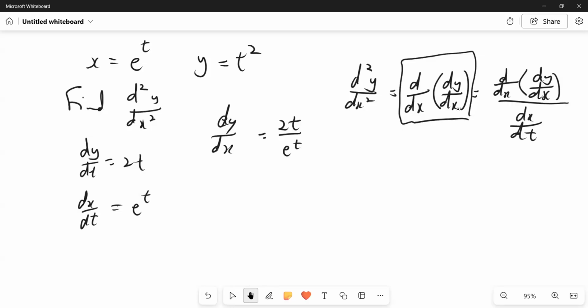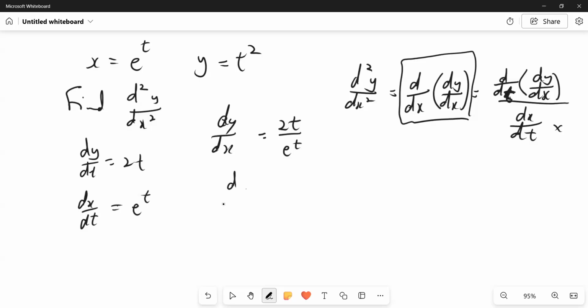Therefore, some smart person figured out that we can't differentiate with respect to x because there's no x inside, there's only t here. So we differentiate dy/dx with respect to t, and then divide by dx/dt. And we got that already.